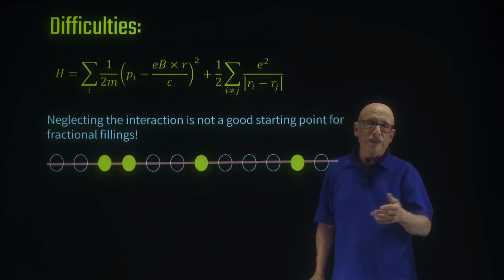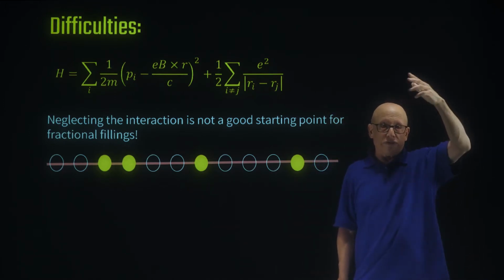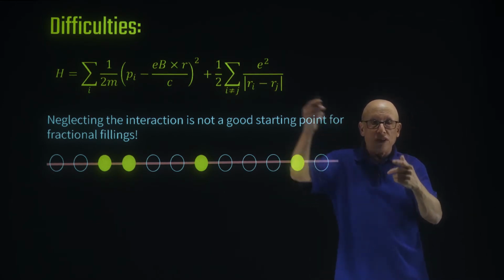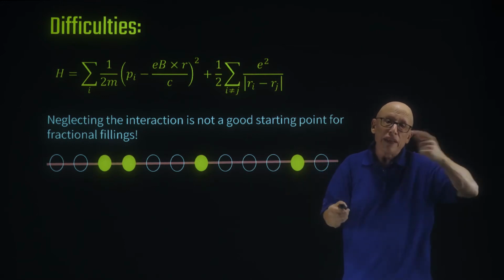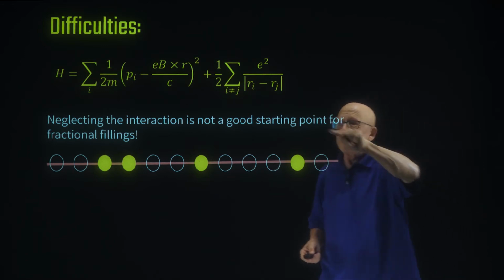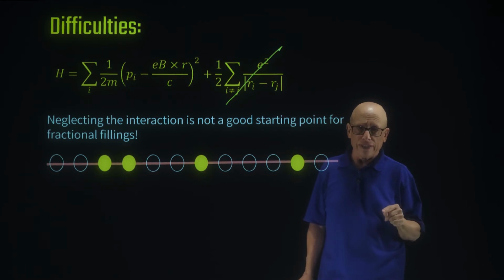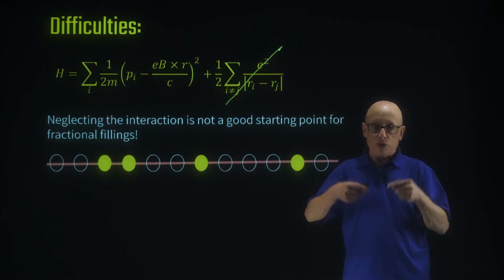Naively, the first thing you think about as a theoretical physicist is to apply the wonderful idea of perturbation theory. Let's find a problem that's close to our problem, and we know how to solve exactly, and then do perturbation theory. And the first naive idea is let's neglect electron-electron interaction, solve the problem of non-interacting electrons, and treat electron-electron interaction perturbatively.